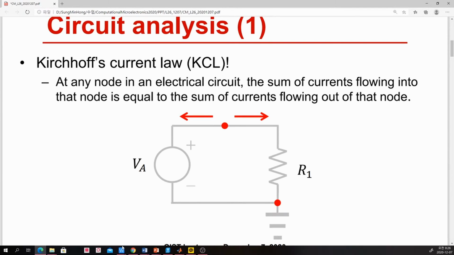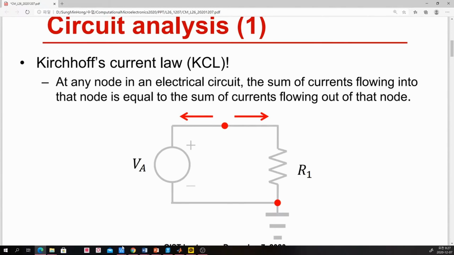So what was the key point? In this case, you first have to apply Kirchhoff's current law to every node, and also you have to identify your branch currents as other unknown variables.